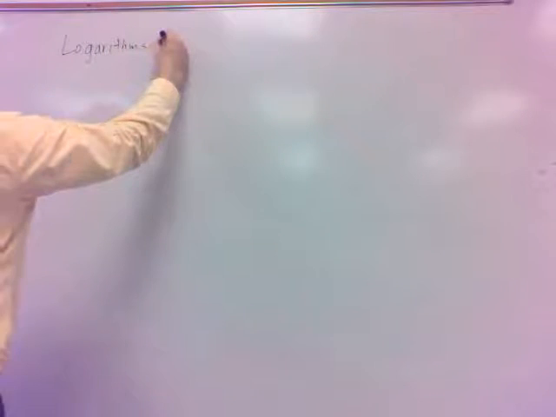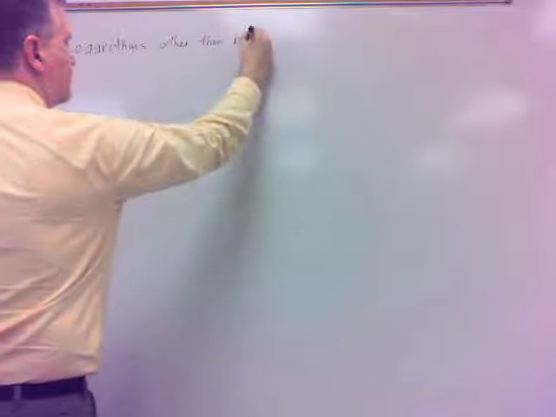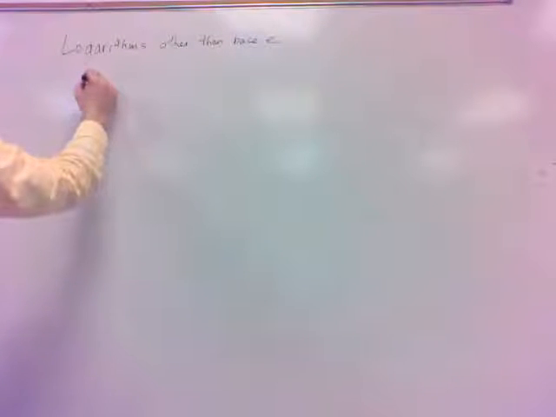Yeah, now let's go ahead and talk about, that's our ln. What about logarithms other than base e? Well, really, the key ingredient there is change it over to base e or ln.